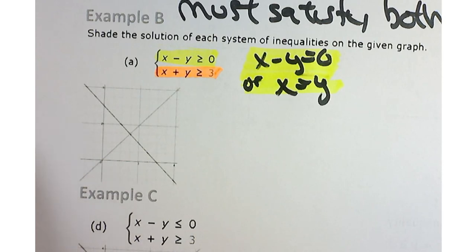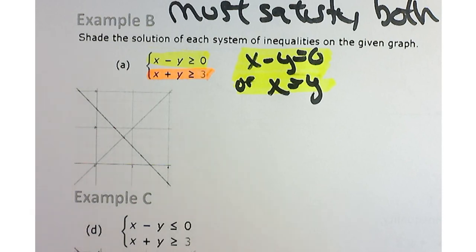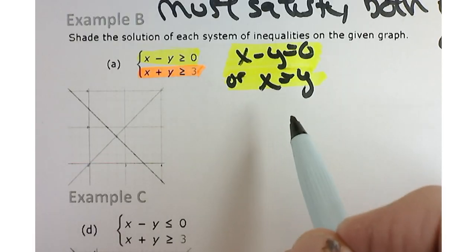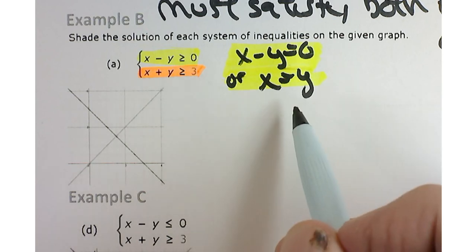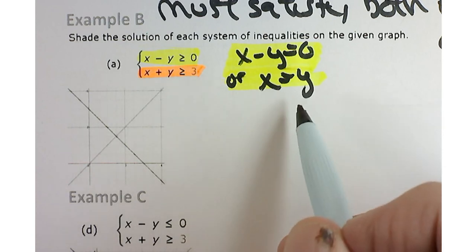All right. So what's the graph of that going to look like? Well, you can plot points to get the graph. You can set x equal to 0 and then y would equal 0. You can set x equal 2 and then y would equal 2.